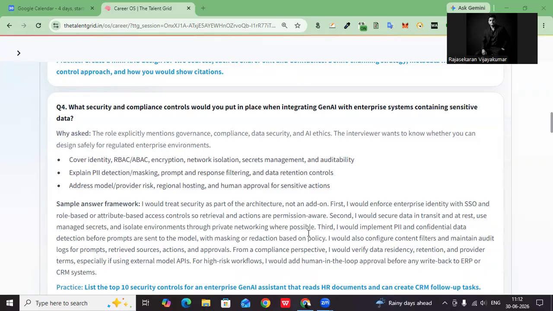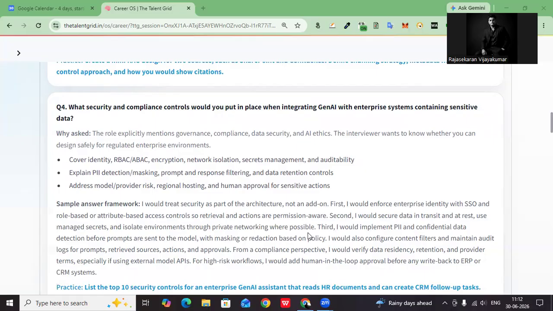While designing as an architect, as I said in the previous answer, I will follow security and compliance controls in all the stages of the GenAI enterprise system, Devanshu.